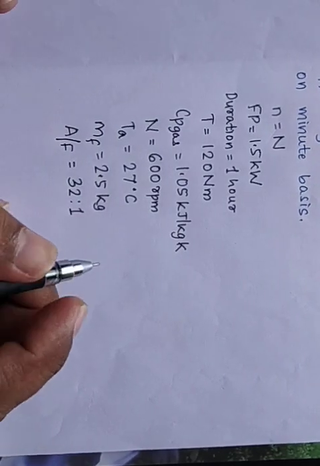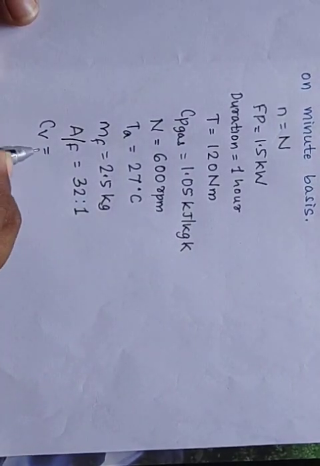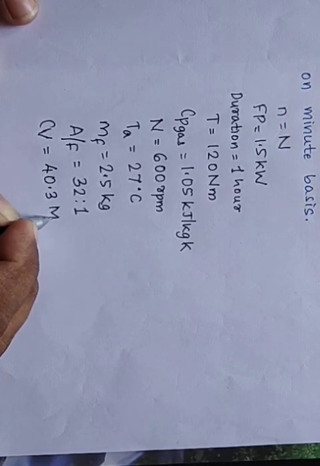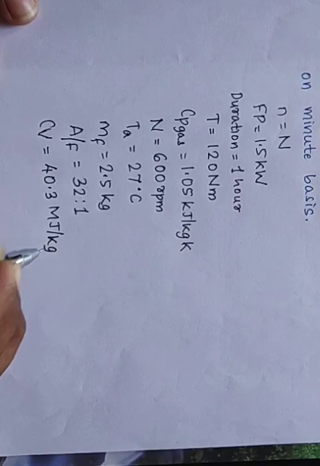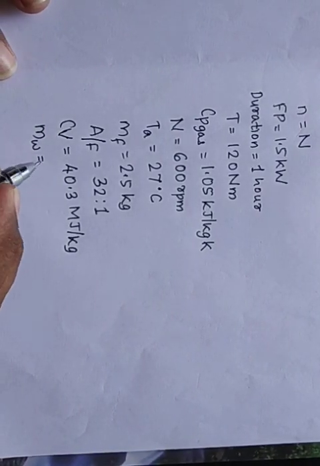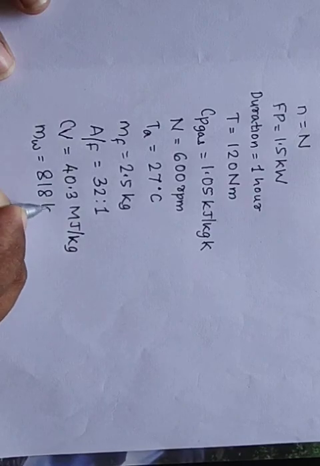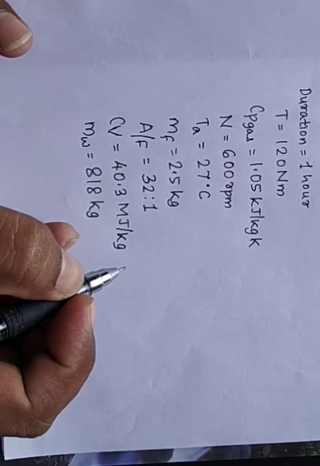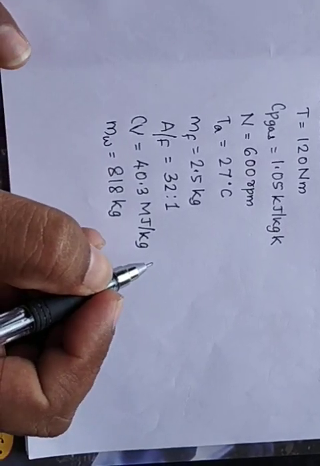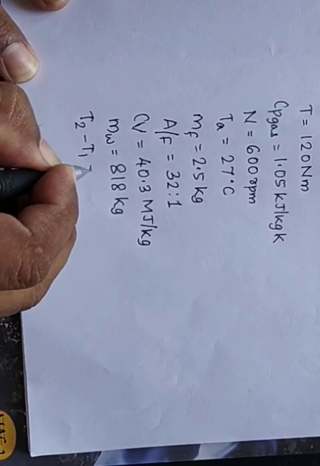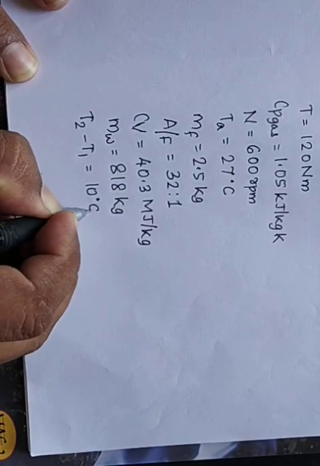Then calorific value of fuel CV is 40.3 megajoules per kg. Cooling water MW 818 kg. This is per hour. Next, rise in temperature of cooling water, that is T2 minus T1, that is 10 degrees.